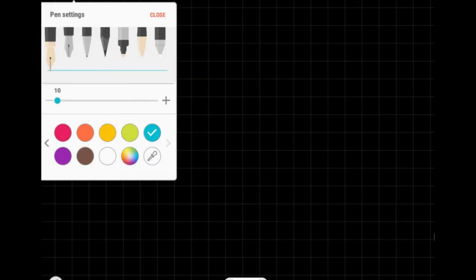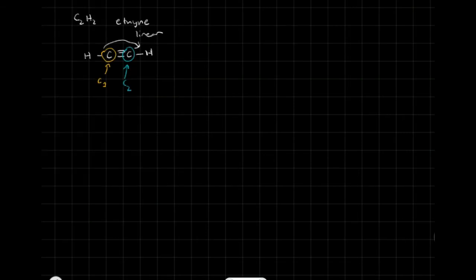What I'm going to do is look at the electron configuration of the central atom. The electron configuration of the central atoms would be the same: 1s2, 2s2, 2p2, because carbon has 6 electrons.